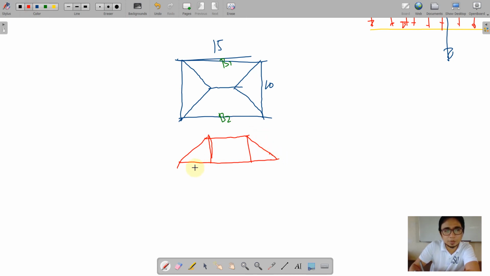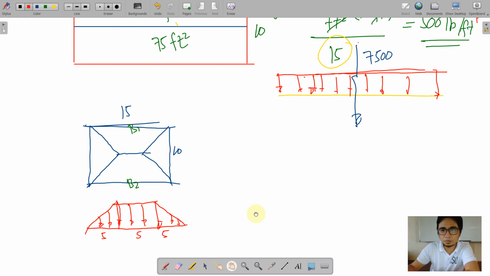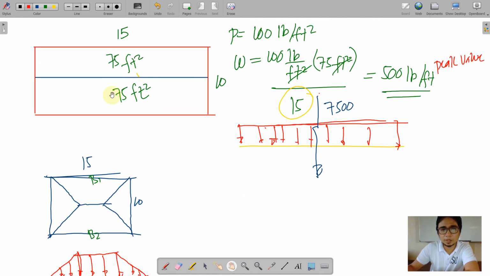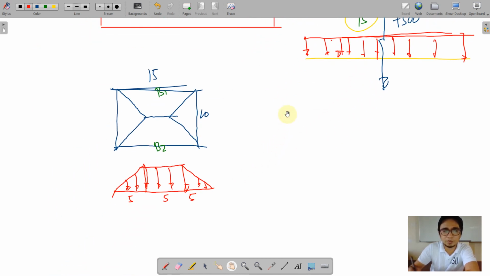So of course the dimension of this is 5, 5, and we're gonna use the peak value that was obtained, assuming that this is split half. We have the peak value to be 500 pounds per feet.